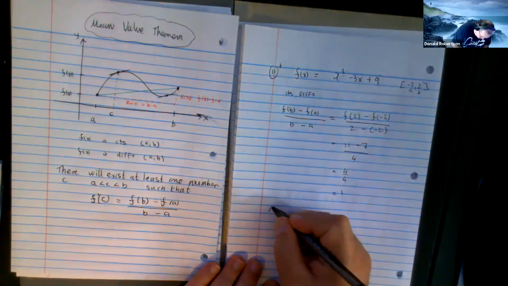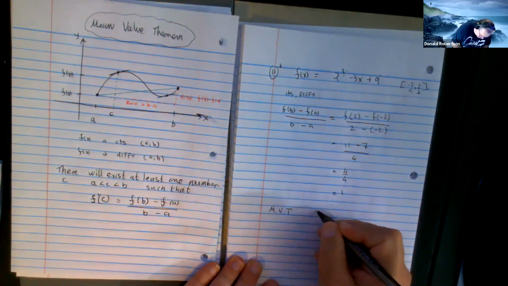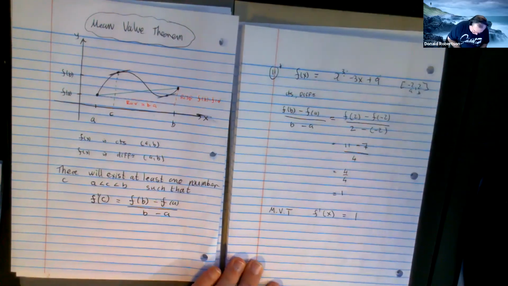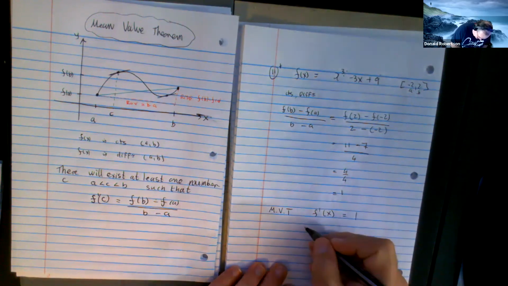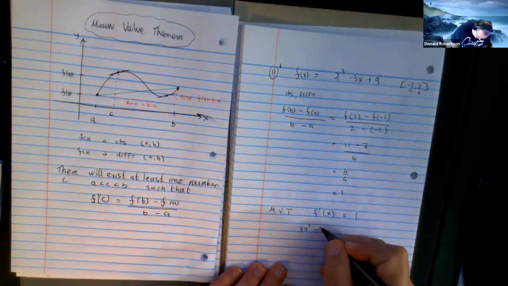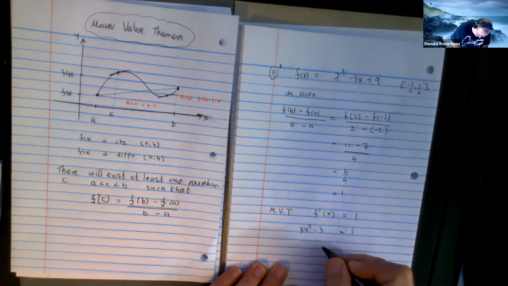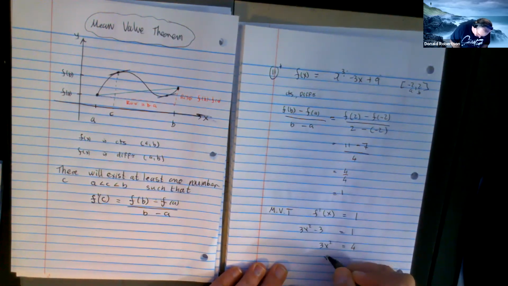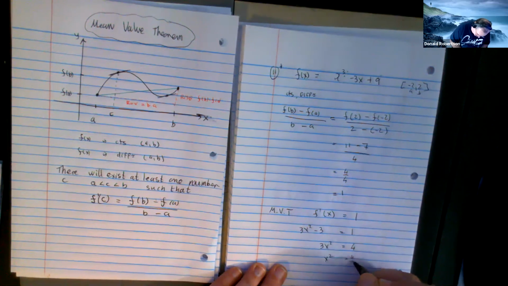Then according to the mean value theorem, you're guaranteed to find a place where the derivative has a slope of 1. And that's 3x squared take away 3 is 1. That's 3x squared is 4. That's x squared is 4/3.